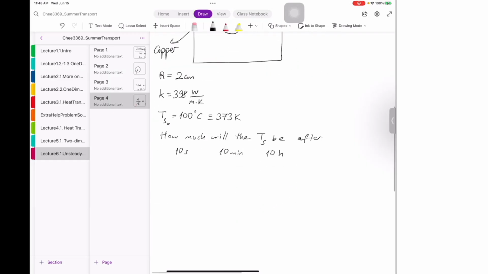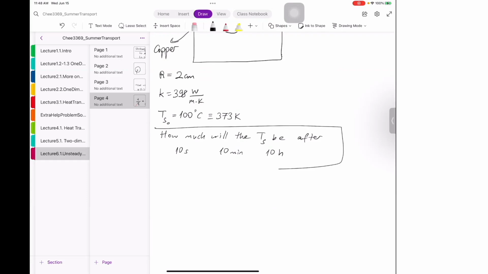Okay, and let's write down the volume. So this is the question. The volume of the sphere is 4 over 3 pi r cubed, which is 4 over 3 pi times 2 times 10 to minus 2 meters cubed.